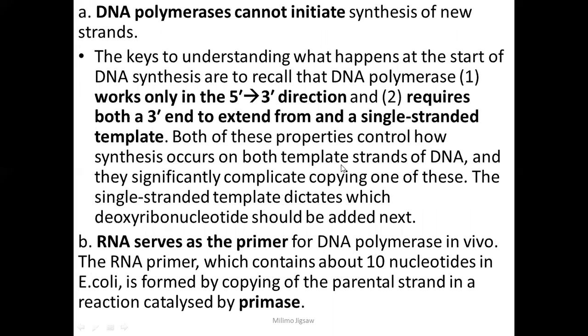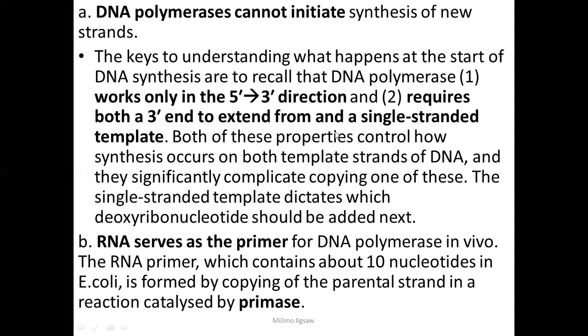As I've already mentioned, it cannot initiate synthesis of a new strand. It works only in the 5' to 3' direction. Remember, it adds the nucleotides at the 3' end. So it requires both a 3' end to extend from and a single-stranded template.